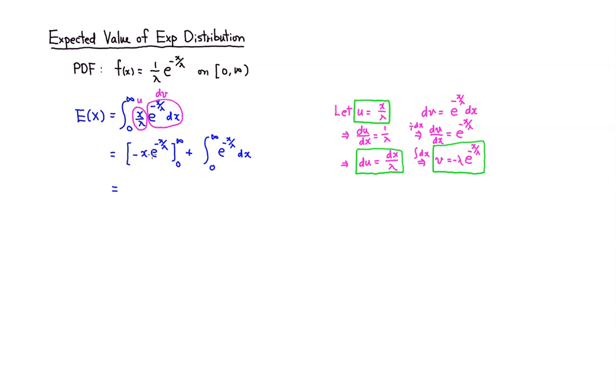Then here we are taking a limit, so you plug in x. This might be a little bit tricky, so maybe I should do it separately. Let's take the limit of negative x over e to the x over lambda, since it has a negative power, so I put it on the bottom, as x goes to infinity.